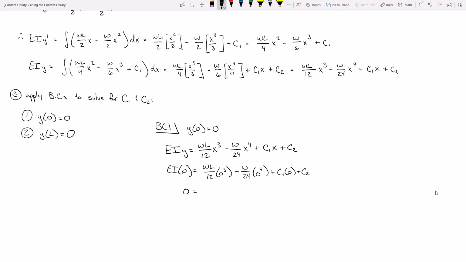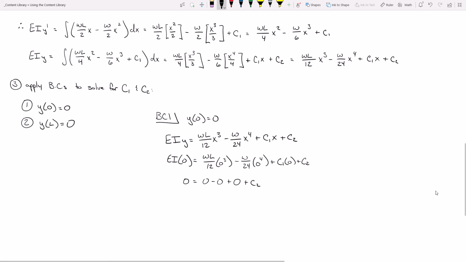Equals 0 minus 0 plus 0 plus C2. So, hey, that one's easy. And that happens. That's common that one of them is 0. Now the other one is not going to be 0, but we'll see what happens.